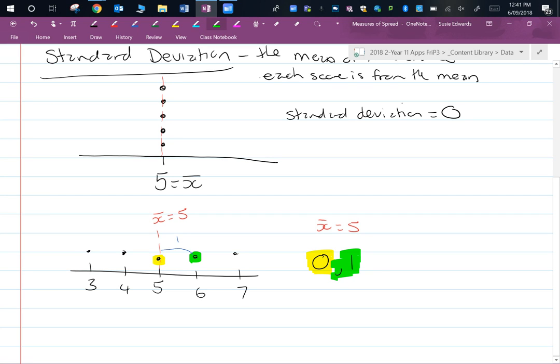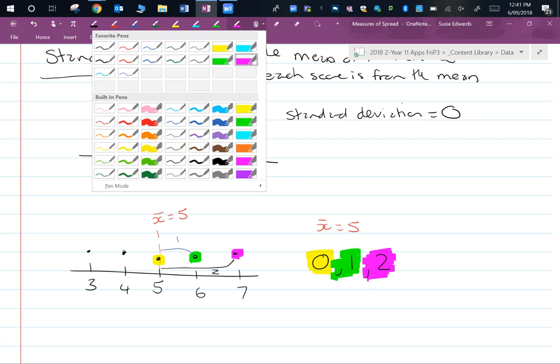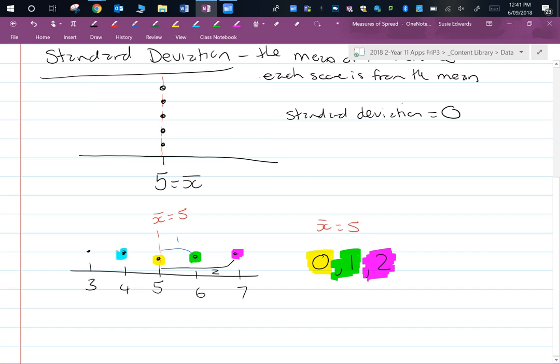Okay, what about the purple one? How far away is the purple one? It's 2 away from the mean, so we've now got another score which is 2. Everyone see we're just finding the distance from the mean of each point. All right, so then if I look at the ones below, hopefully I've got some more colours. Okay, so blue one, how far away is it? Now it's 1.